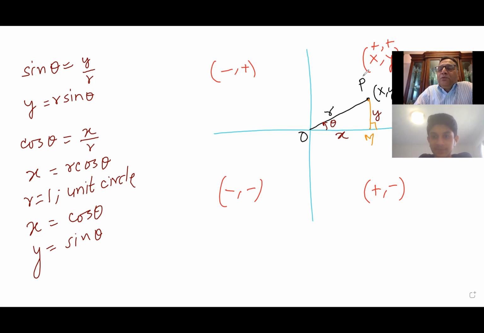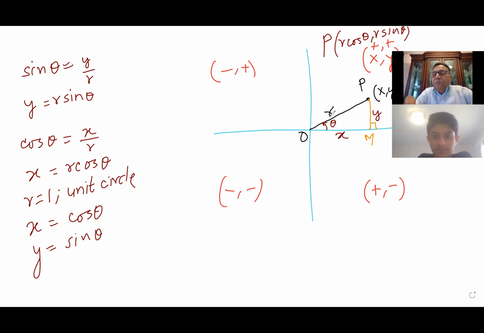So any point P has coordinates r cos theta and r sine theta. And if r is 1, as you know, in a unit circle, then it will be exactly cos theta and sine theta. Otherwise, it is scaled by a factor of r, how far it is. You get the idea, right?